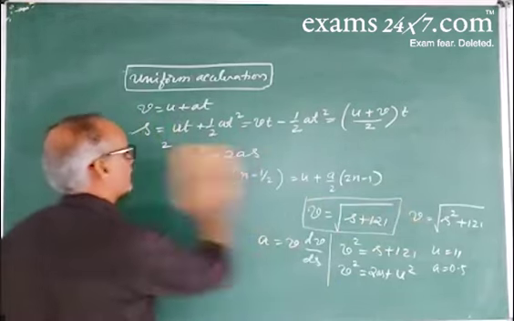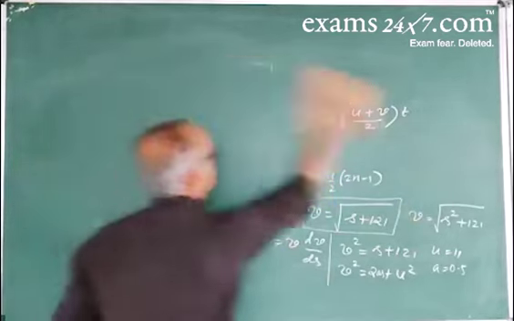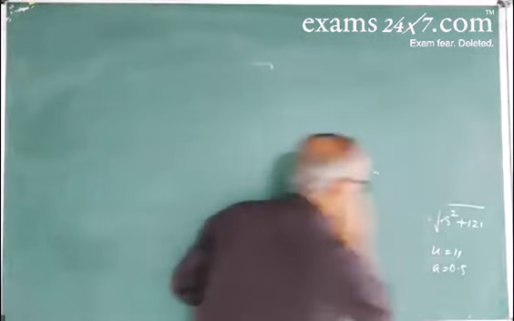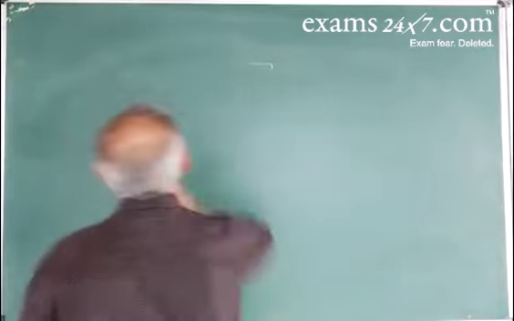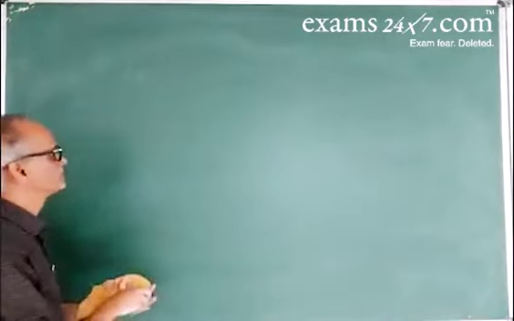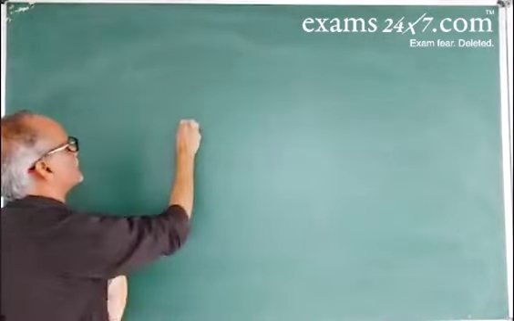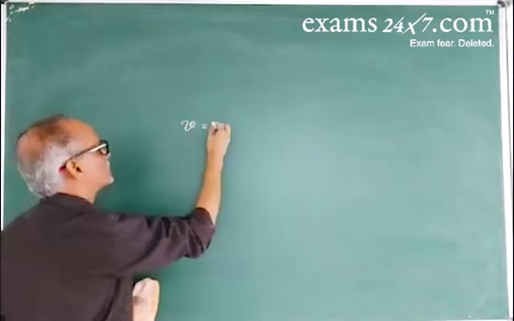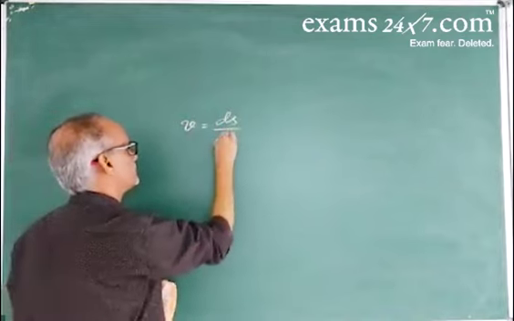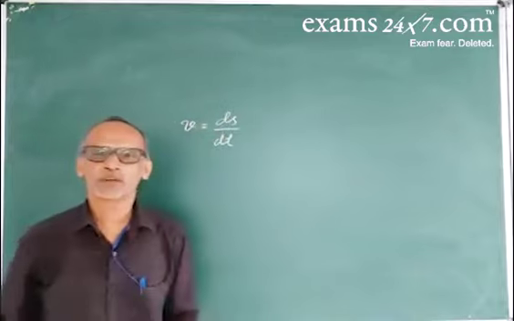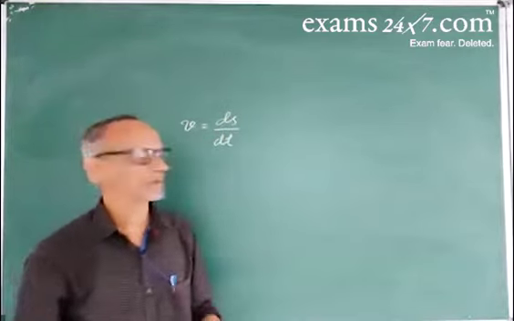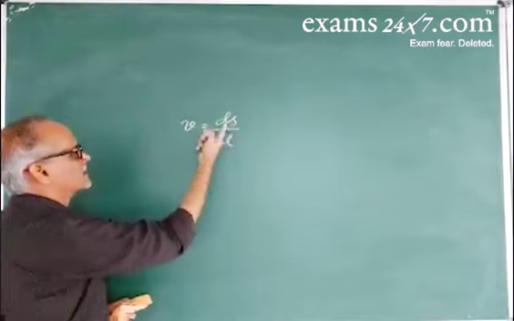So these are the equations of motion. Now, when velocity is given, v is equal to ds by dt, and if you want to find the distance, then we have to always integrate.